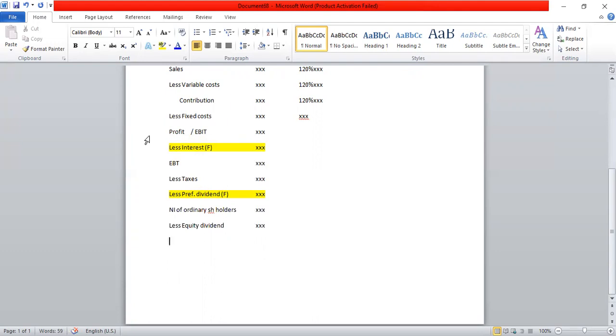So there will be more than proportionate amount of profits available to equity shareholders. I hope it is clear till here.